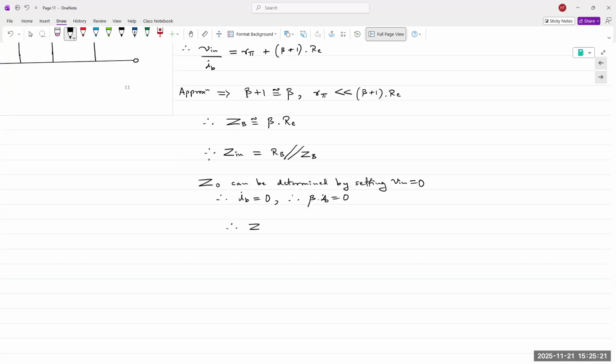Therefore, output impedance ZO is RC in parallel with RE plus RO.